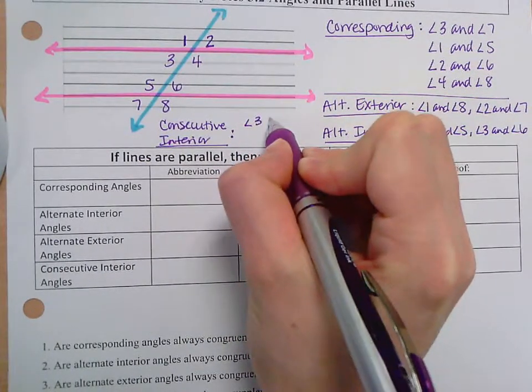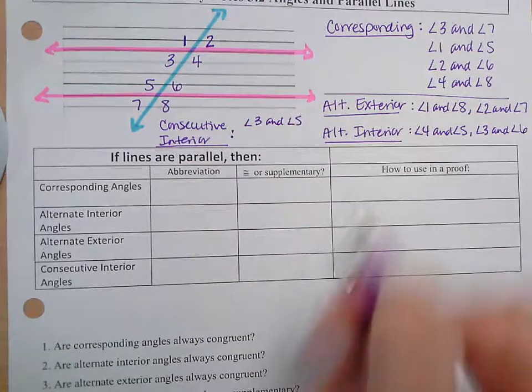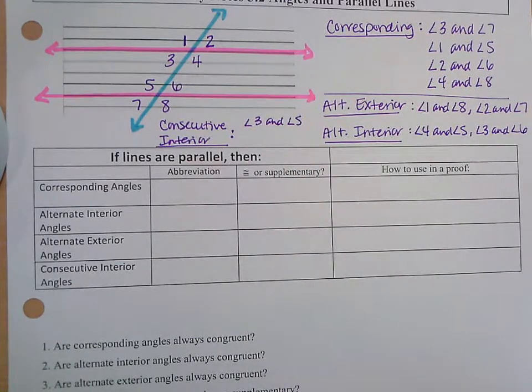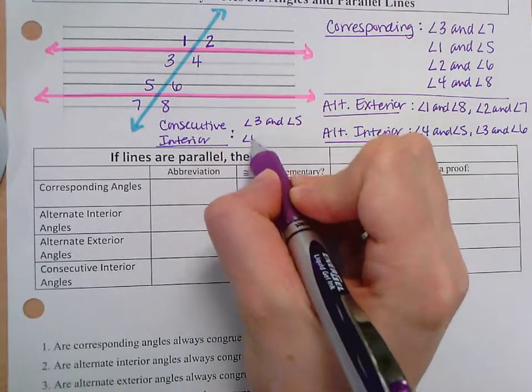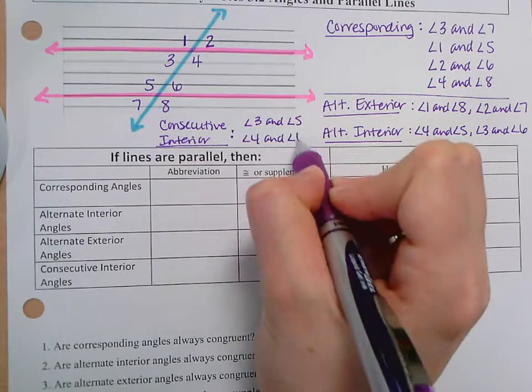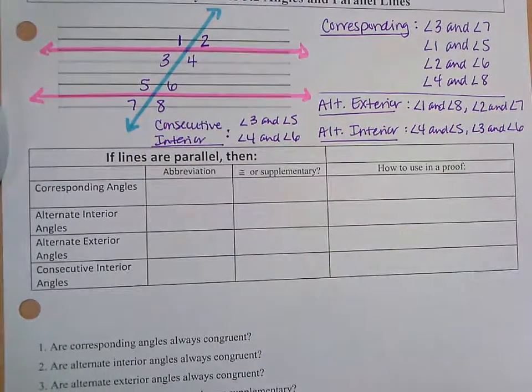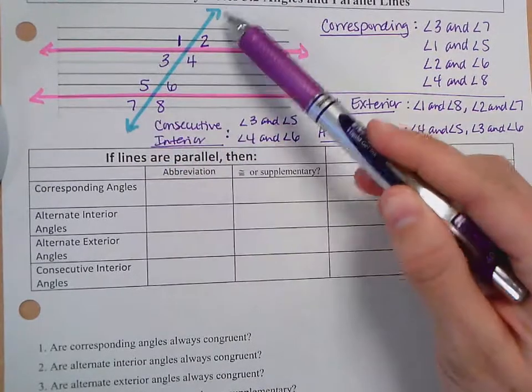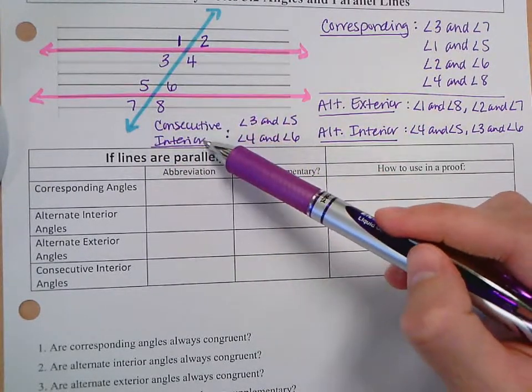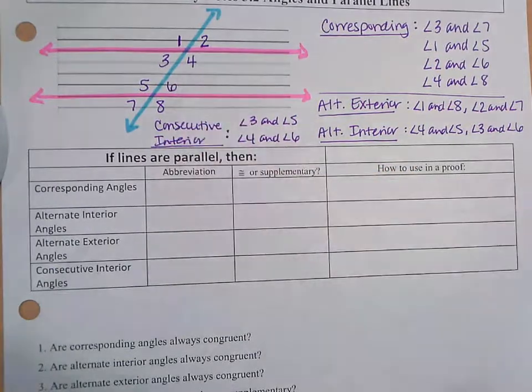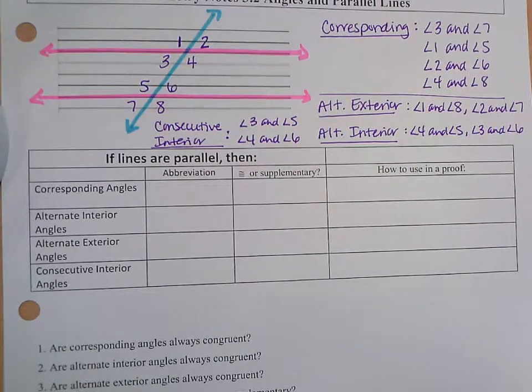And what was the other pair? 4 and 6. So consecutive means they're on the same side of the transversal, the blue line on my picture, but again, they're interior, so 3 and 5, 4 and 6. Notice there's not a consecutive exterior, okay? So those are the special angle pairs we talked about yesterday.